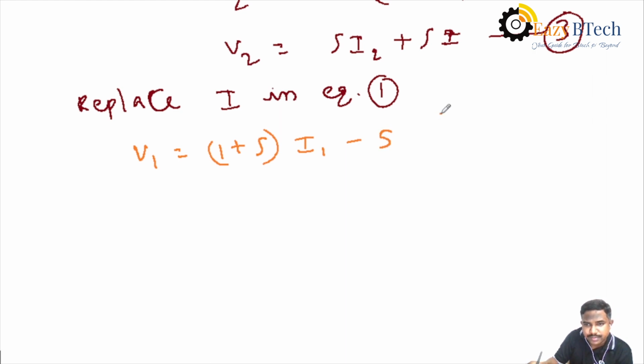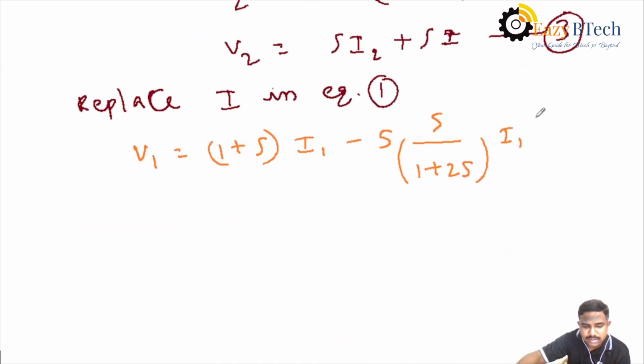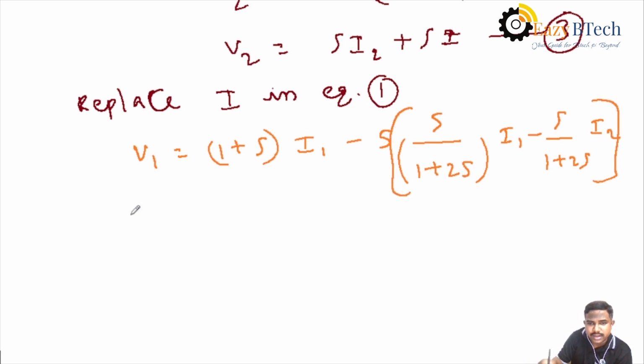What is the I value here? S by (1 plus 2S) into I1 minus S by (1 plus 2S) into I2. This is the value of I here.